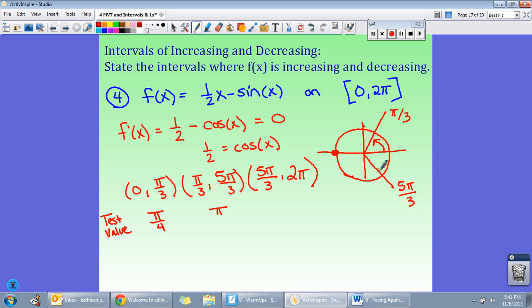And between 5 pi over 3 and 2 pi, I'm going to pick 7 pi over 4. Now we're looking for the sign of f prime. When you plug these into your derivative, you're going to get a negative, then a positive, then a negative.